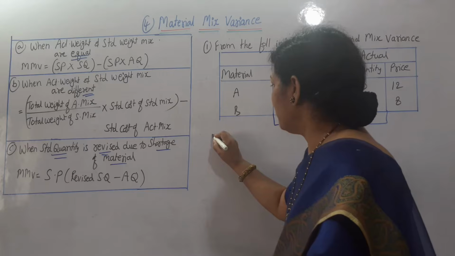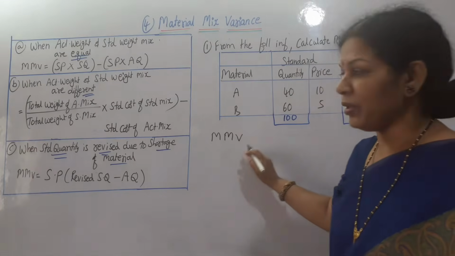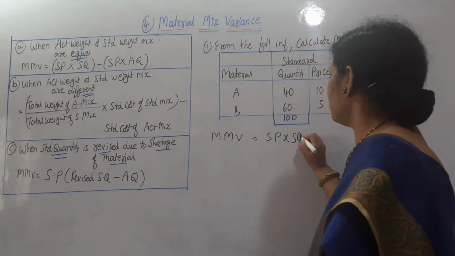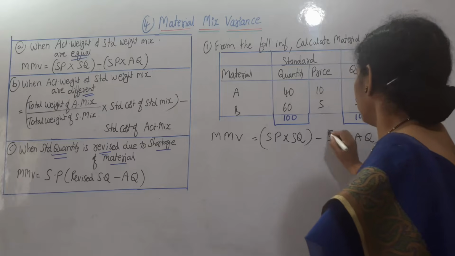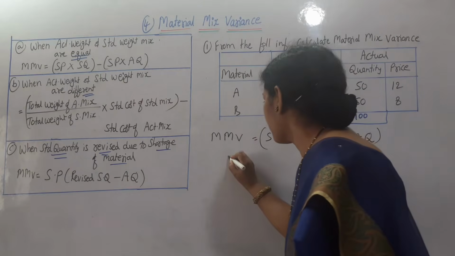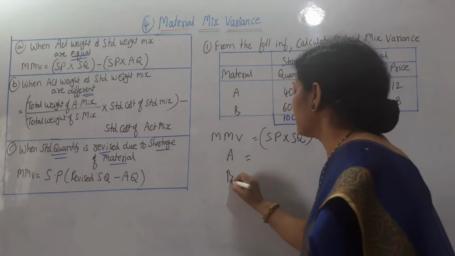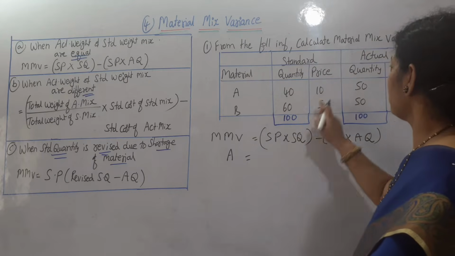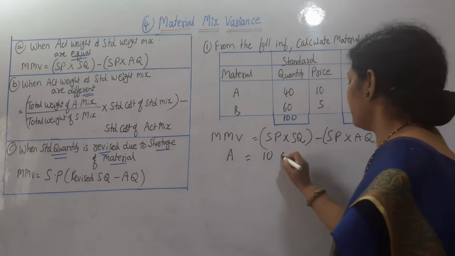So first we have to write the formula. Material mix variance, full form you have to write, equals SP into SQ minus SP into AQ. First we'll take material A. Standard price is 10, standard quantity 40.